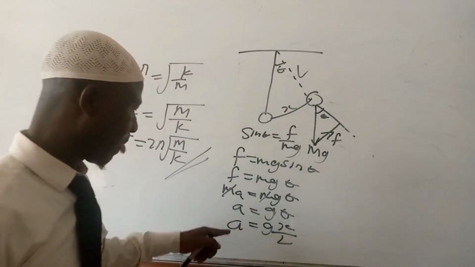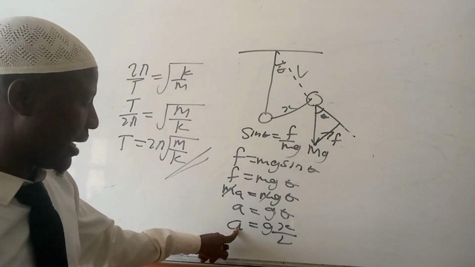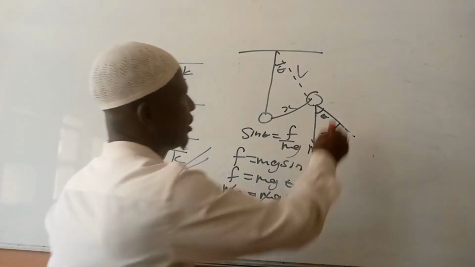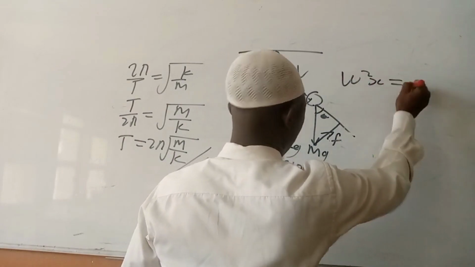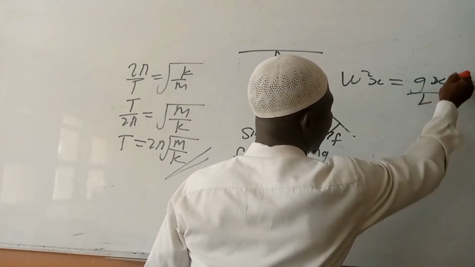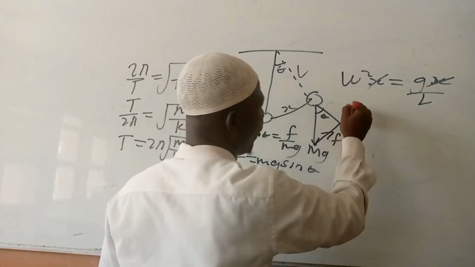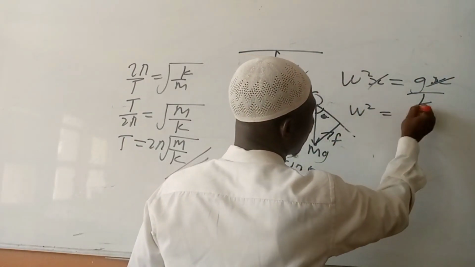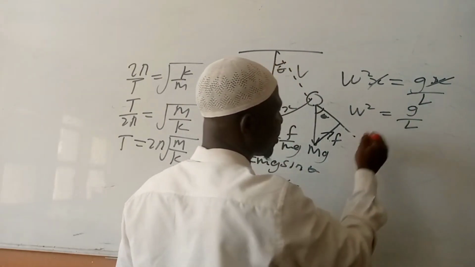Now, let's continue. Our a is omega square x. Therefore, omega square x is equal to gx over L. Then this x cancels this x. Therefore, omega square is equal to g over L. Find the square root.